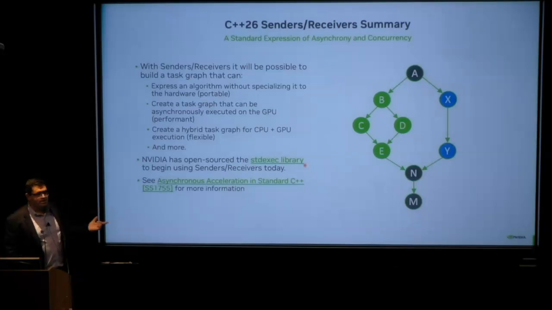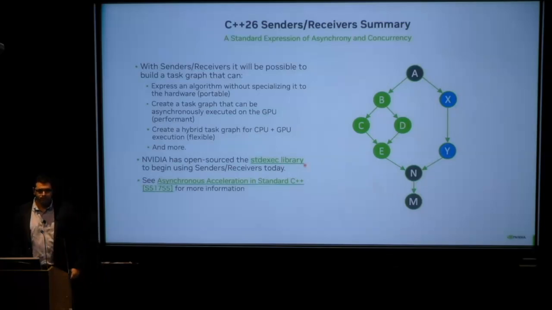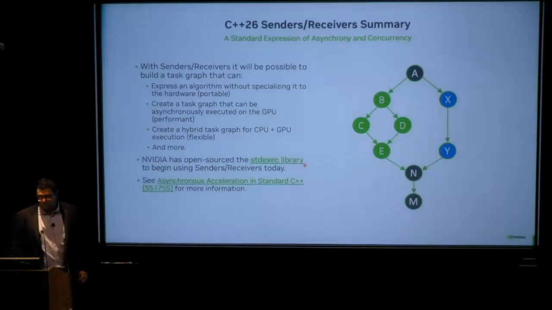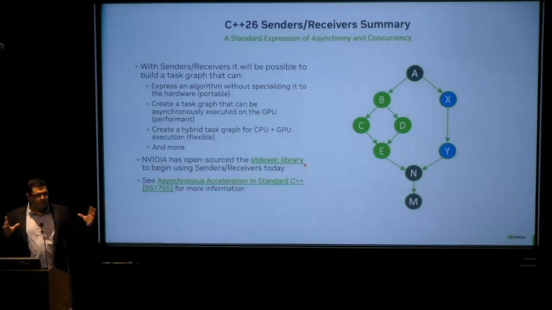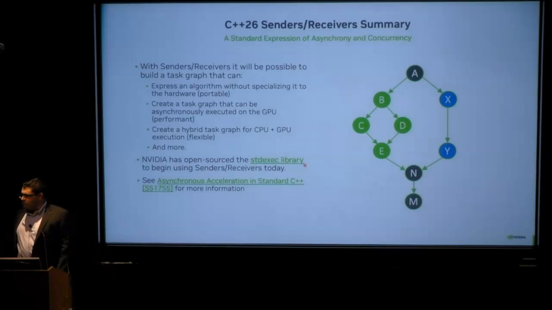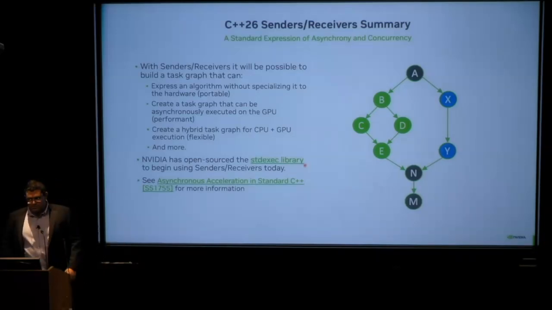As I highlighted with our Grace Hopper architecture, you have one piece of silicon with a GPU and a CPU connected at a 900 gigabytes per second interconnect, and that chip has roughly 600 or so gigabytes of memory. You can see how having the CPU and GPU so tightly coupled together with senders and receivers can yield new paradigms where you can run things on GPU and things on CPU asynchronously. And this could be especially interesting, as I said.